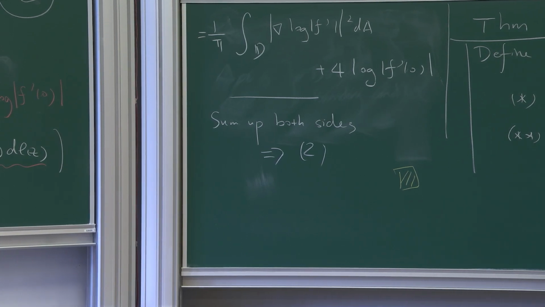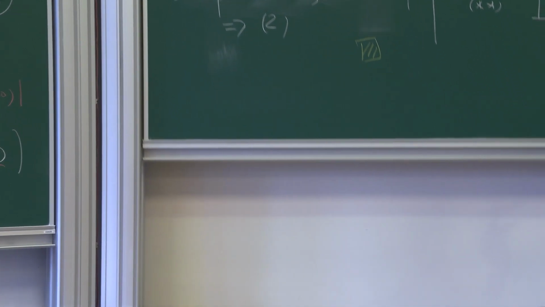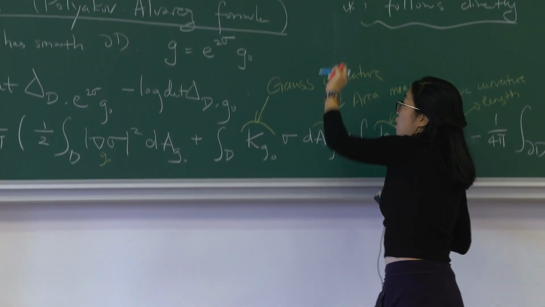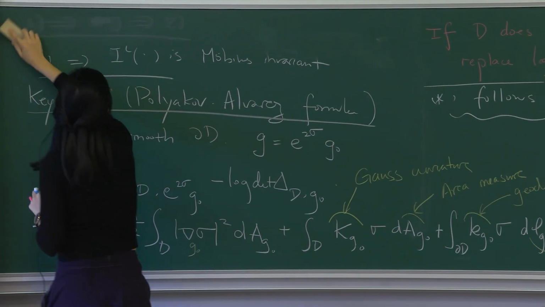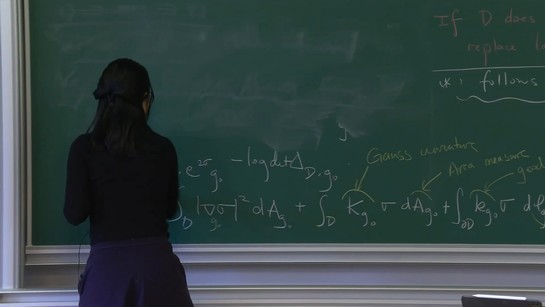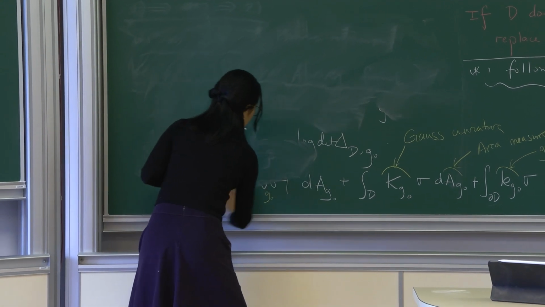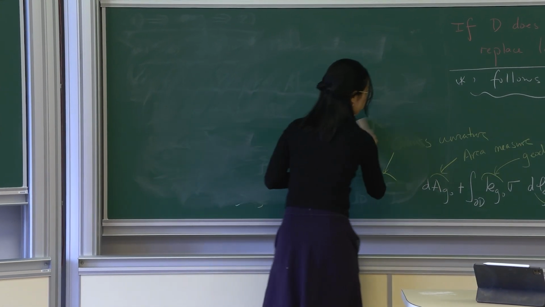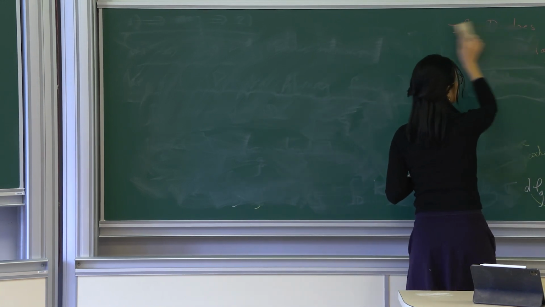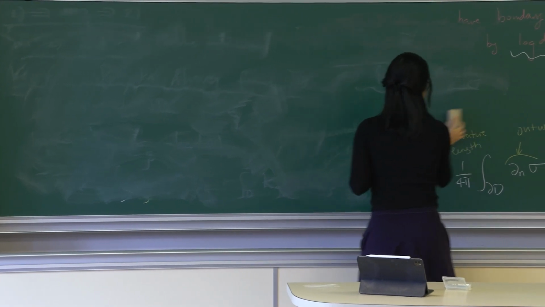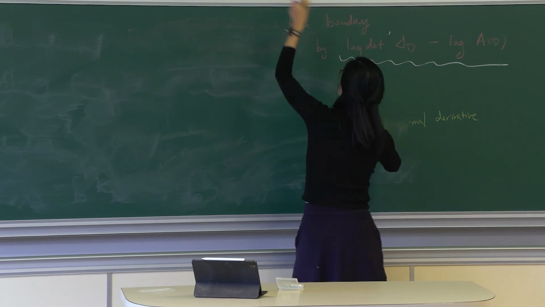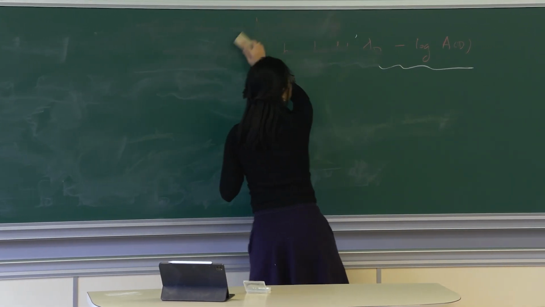So the rest of today's lecture, I'm going to give you the precise definition of this determinants of Laplacian, and how that's related to the Brownian loop measure, and also how one can also guess this result from SLE considerations.